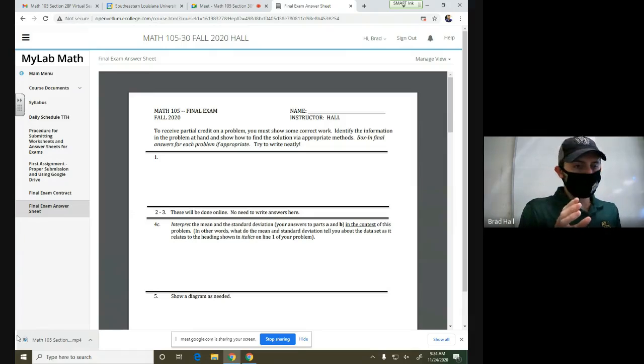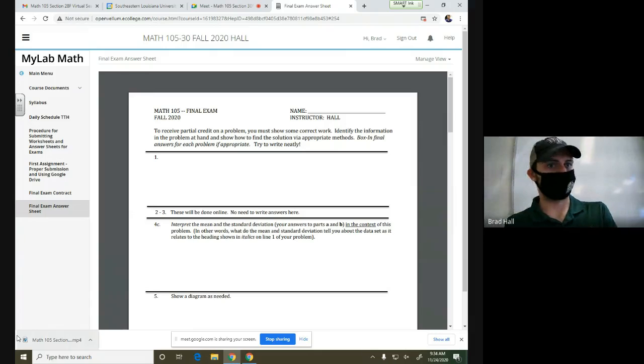Besides that, hopefully you are all aware of the conditions of the final exam as well. The final exam is through ProctorU, which means you take the test in your room, wherever you take the test, at your mom's or dad's house, whatever, and you take it in an isolated room.